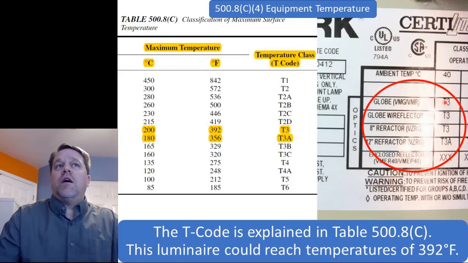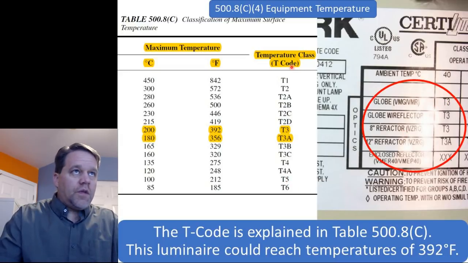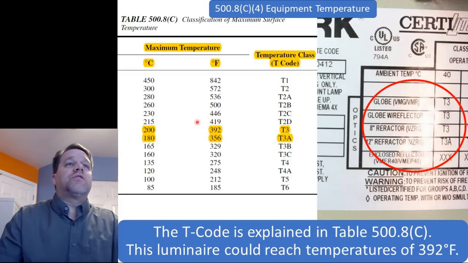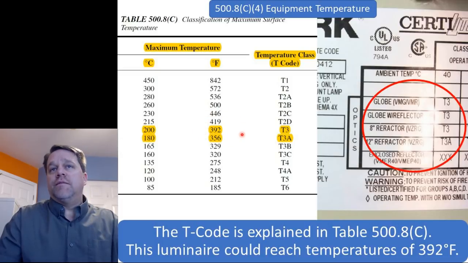So this is a type T3, and in 500.8c, my T-code, T3, means that this luminaire can operate at temperatures up to 392 degrees F. And of course this is also a T3A if I have a 12-inch refractor, which means with a 12-inch refractor it can reach temperatures of 356 degrees F.